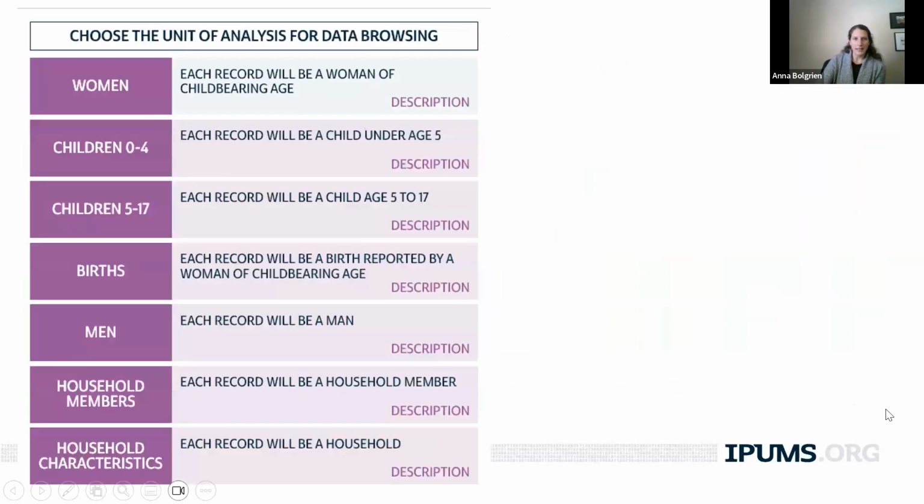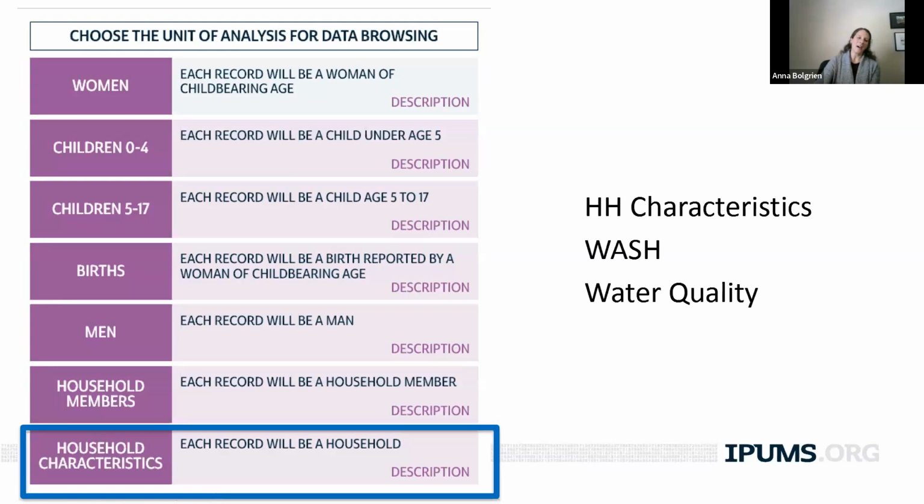Now, the different kinds of data available are all different. The different topics are represented on this table, and I'll go through this in a little bit of detail. At its core, a UNICEF MICS sample is a household sample. At the household level, there's information about different household characteristics, assets, housing conditions, water and sanitation, and water quality.